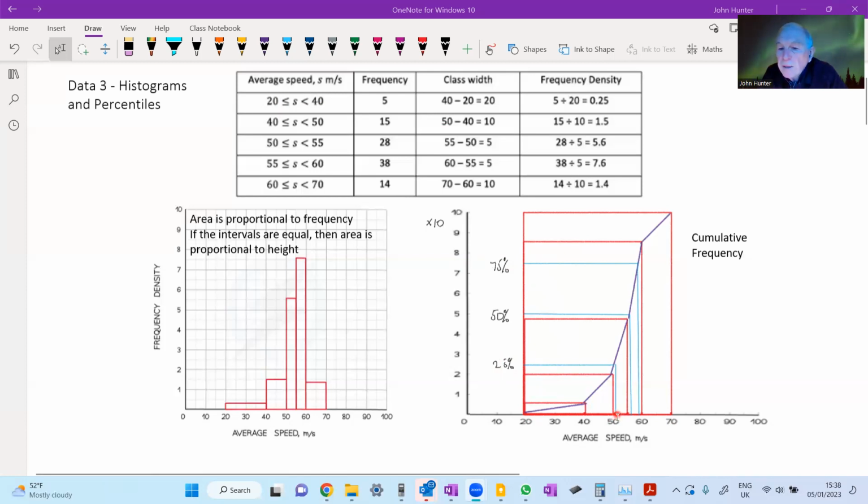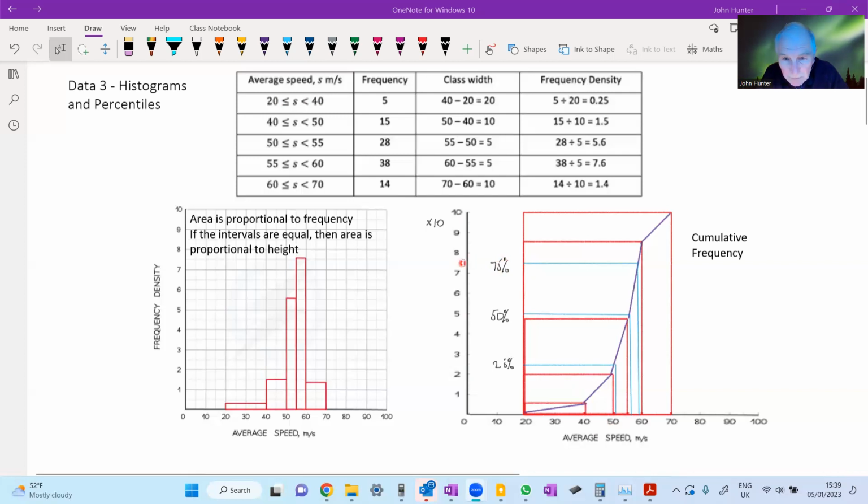So we would say that 25% of the cars are traveling at a speed lower than 51 miles per hour, and therefore 75%, which is this lot up here, are traveling faster than 51 miles per hour.